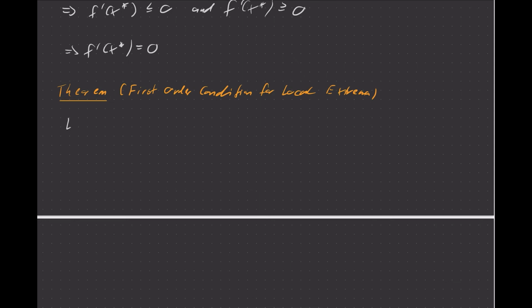And this condition is easily formulated. So as usual, we have an interval I, a subset of R, let that be an open interval. And let f be defined on that open interval and differentiable.